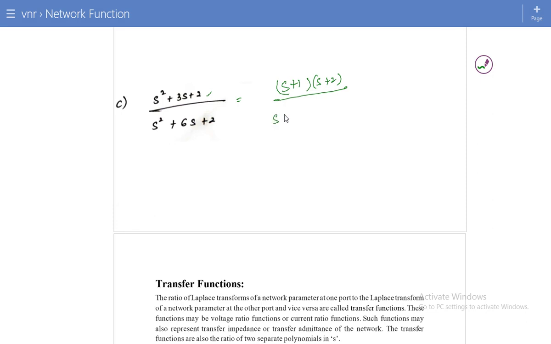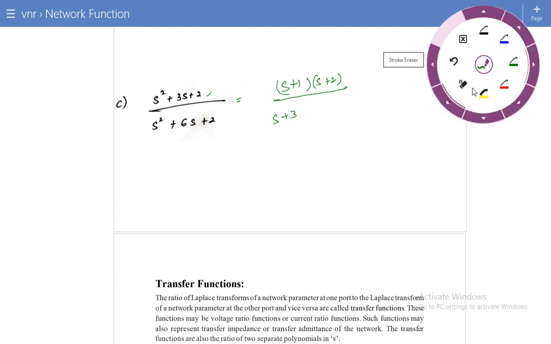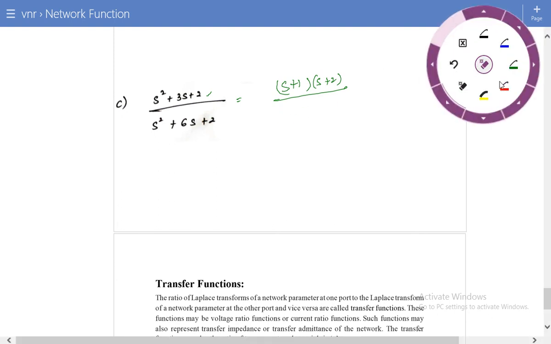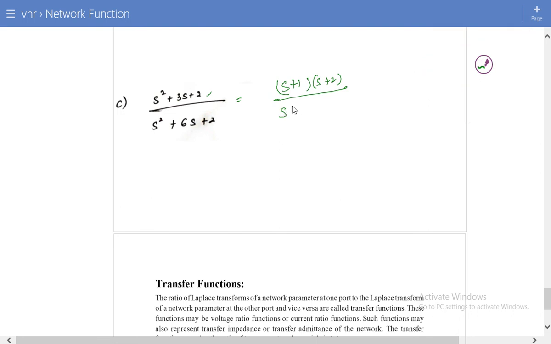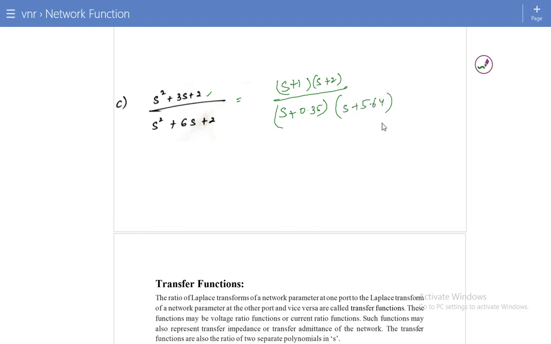We can write it as s plus 0.35 into s plus 5.64, okay.